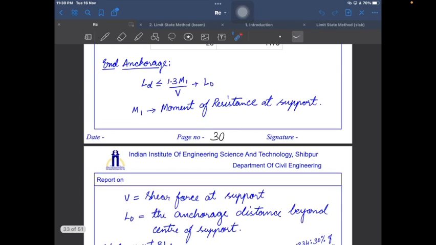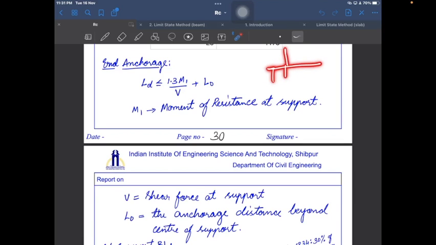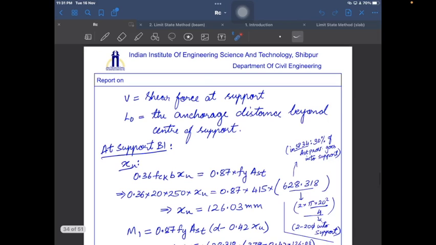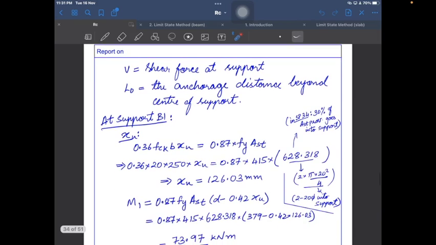This L0, the anchorage distance beyond the center of support. This is the support, this is the beam. So beyond center of the support, how much should our bar be extended? That is nothing but L0.